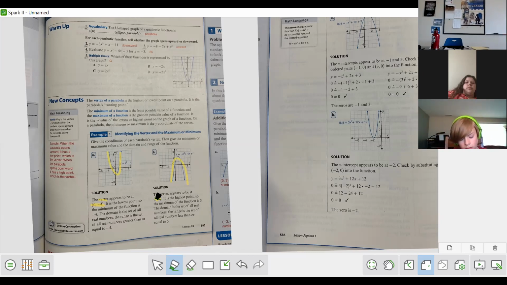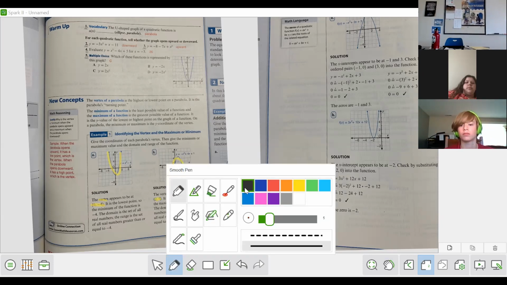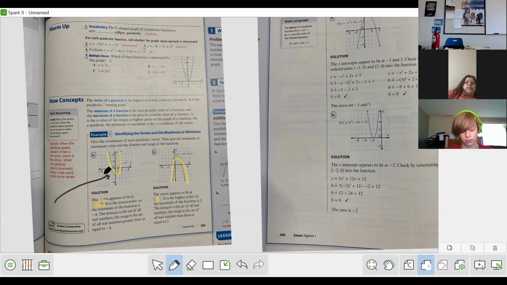And actually, when they start talking about vertexes, we start talking about domain and range. Remember, the domain is all the possible x values. So I'm going to change my writing utensil here. For this particular parabola, x is always greater than or equal to, actually, that's not correct.